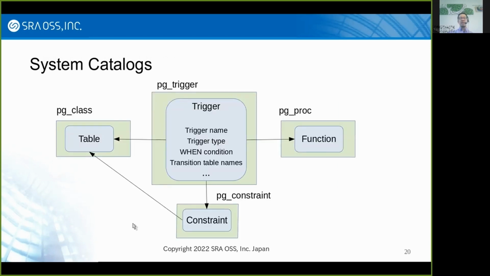Constraint triggers are related to constraints. So when a constraint trigger is created, a constraint entry is also created in the pg_constraint system catalog, and such relations are stored in system catalogs.